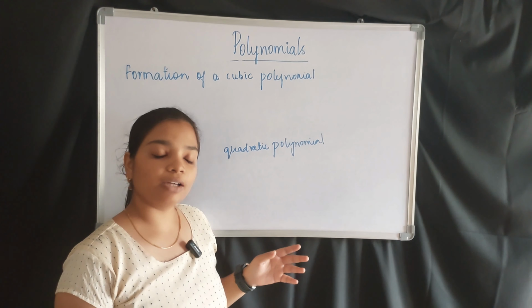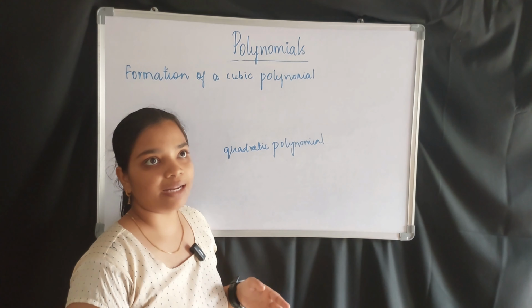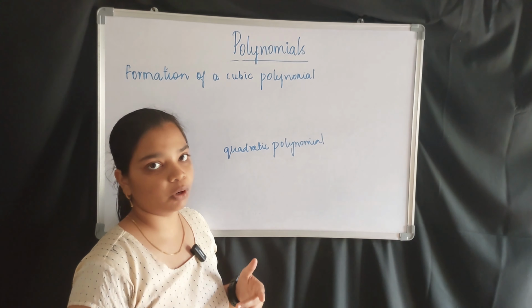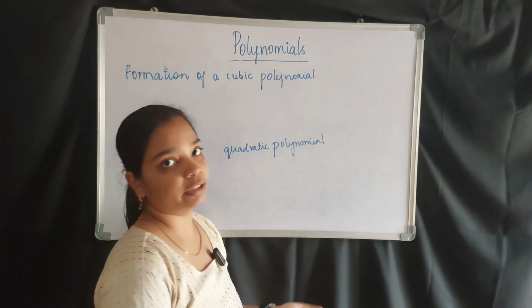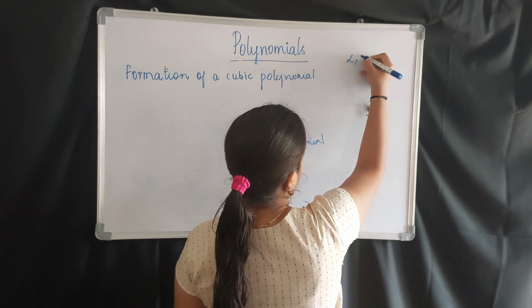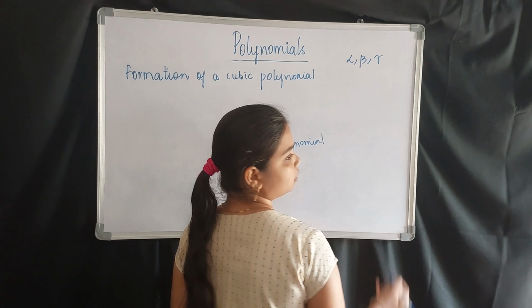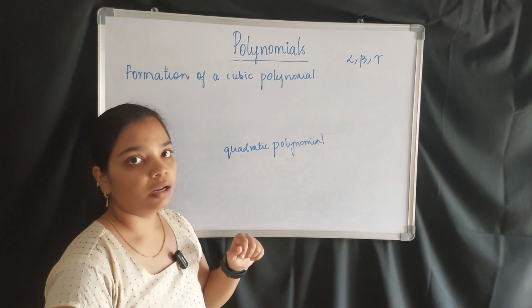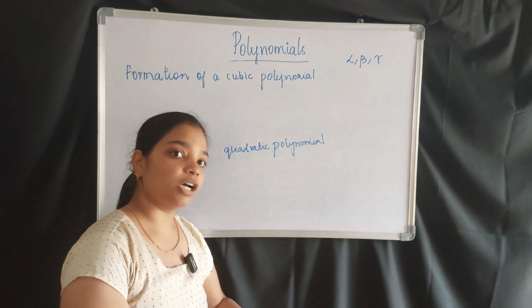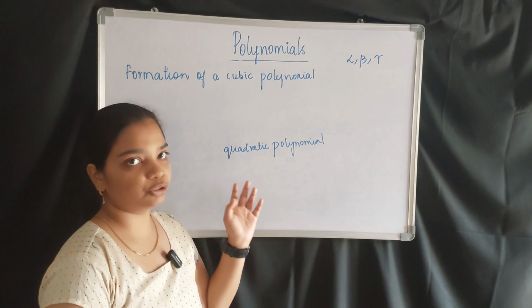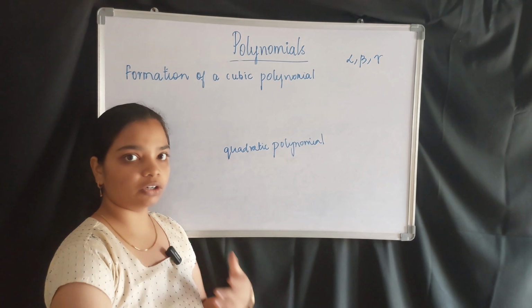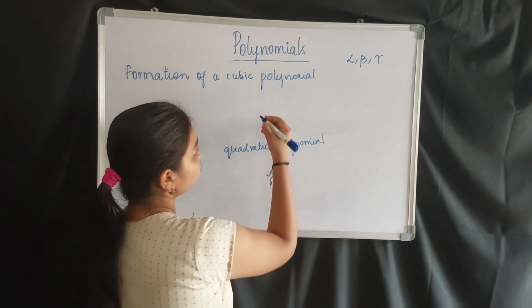Okay, suppose you are being given the values of x, the zeros of the polynomial for a cubic polynomial. Let me take alpha, beta, gamma are the zeros of the cubic polynomial. And they have asked you to form the cubic polynomial. Find the polynomial equation. How will you do?